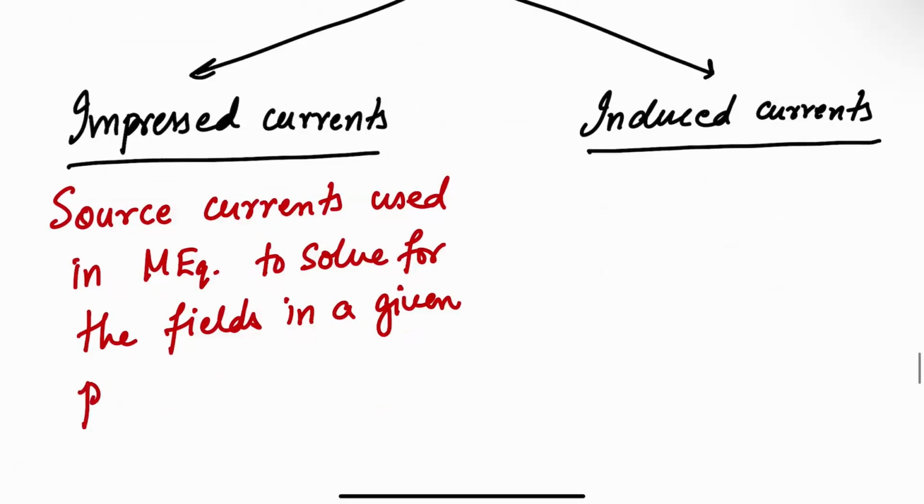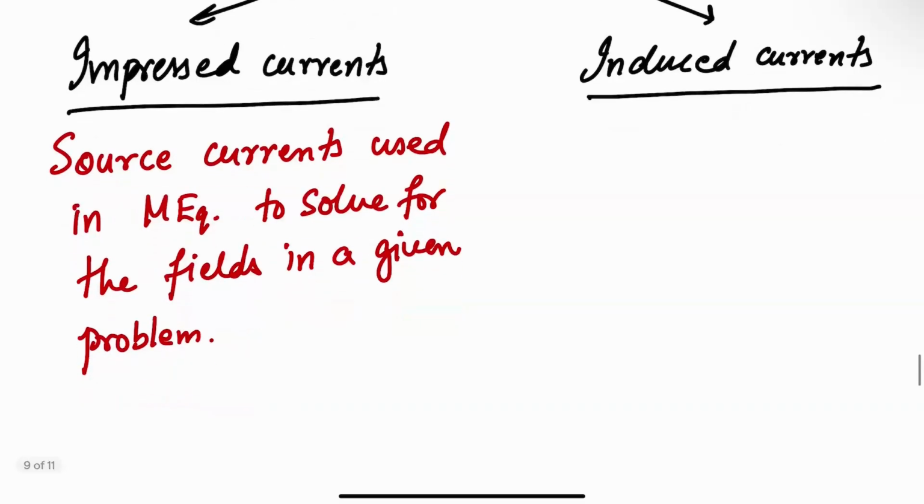So what do we mean by problem? In a given medium or given boundary condition or a given distribution of materials and so on and so forth, right? So you're given some waveguide problem, antenna problem, scattering problem, and there is some source in that problem, and that source is specified, and then you're asked to find the fields. So those are the impressed sources or the impressed currents.